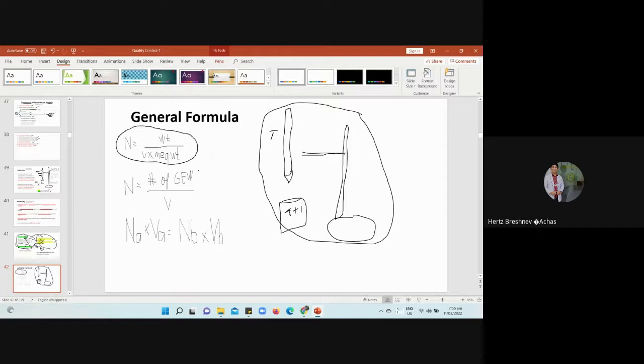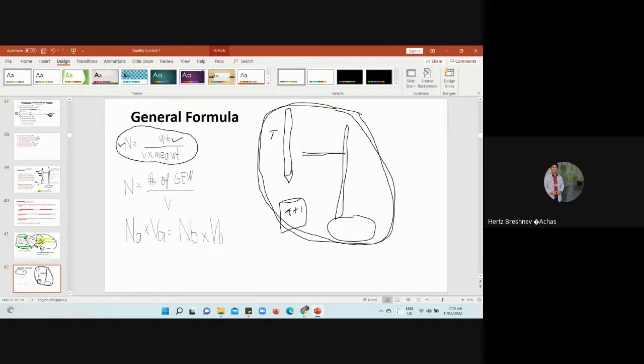Normality is equal to the weight of the substance divided by volume times milli-equivalent weight. Di ba nag-ingon ko ganina, the whole titration process is identified as normality, which is correct. N is equal to. Now the weight, asa man na makitaan ang weight, sir?